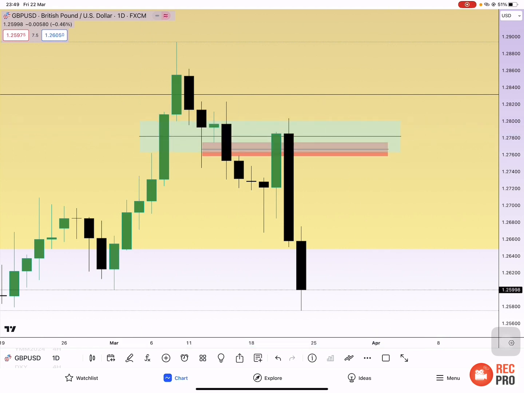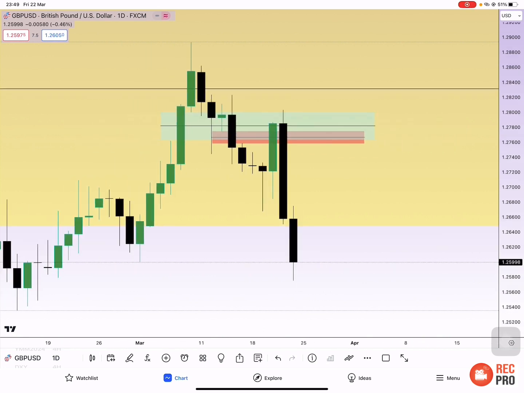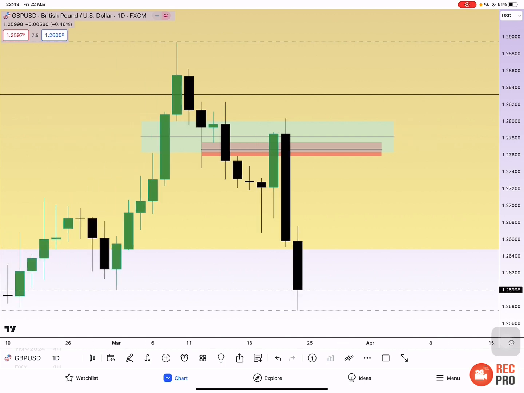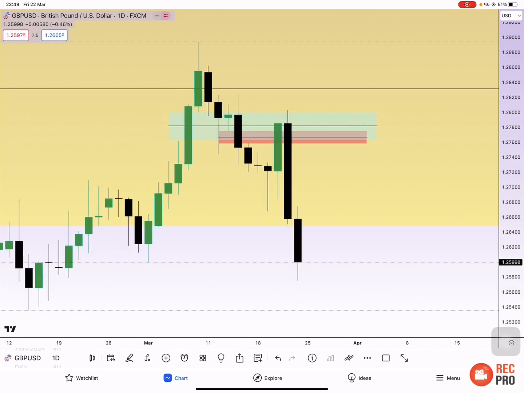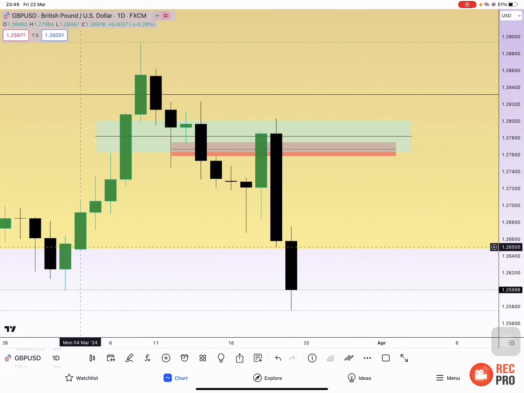Yeah, so this is the inversion fair value gap, and an inversion fair value gap or any other PD array, when it gets inverted, is even stronger, sending the markets with more power and creating displacements like this, where just these two candles covered a lot of the volume from all of this up move.